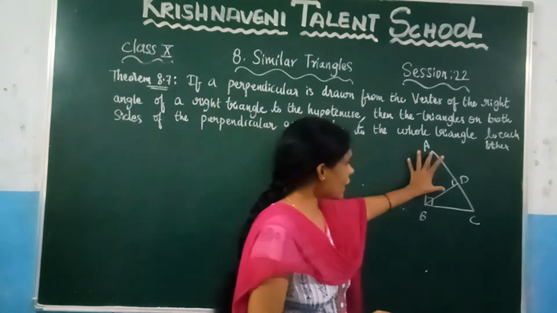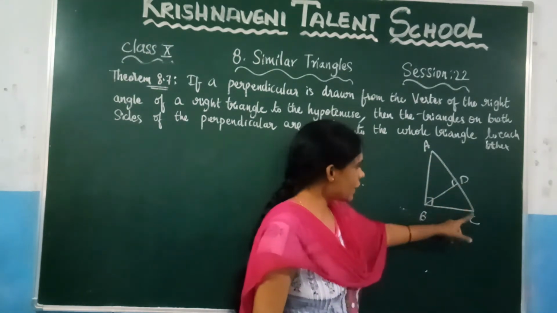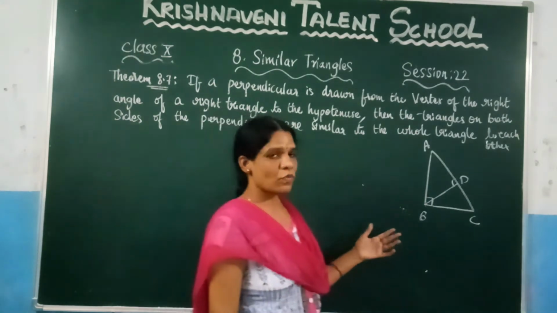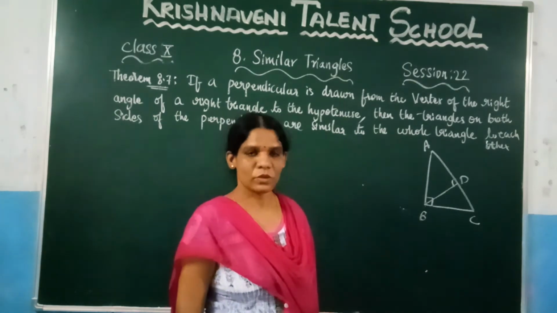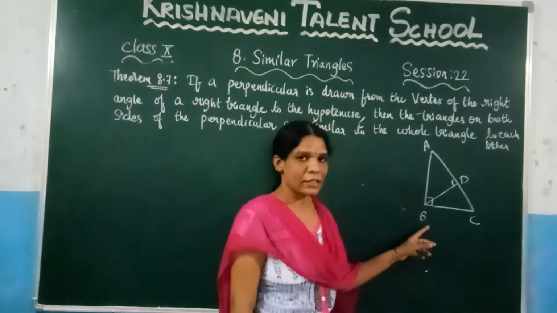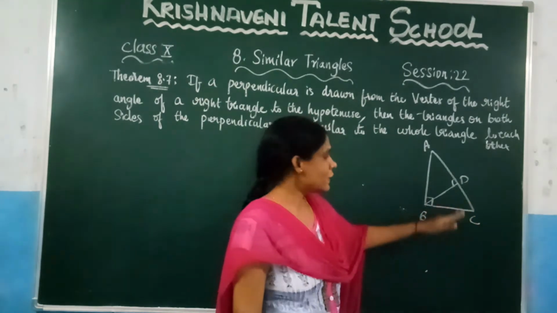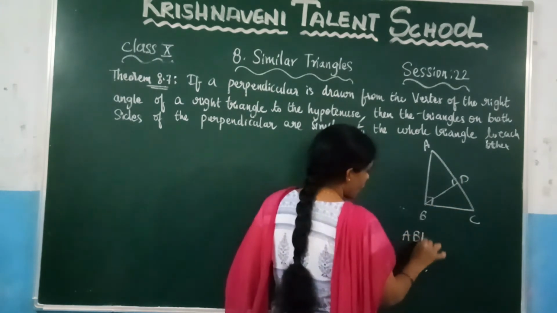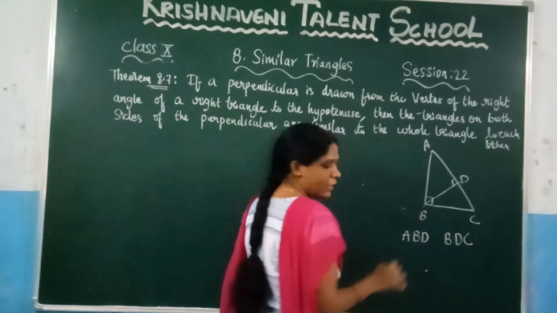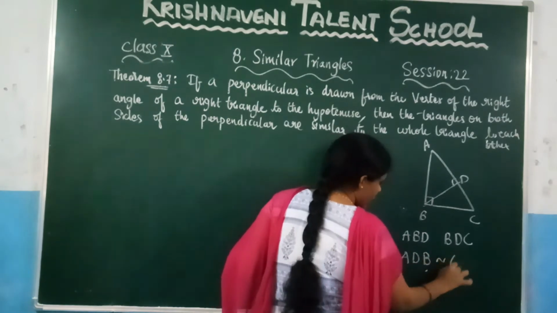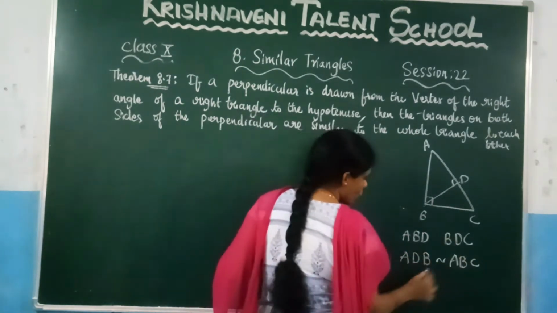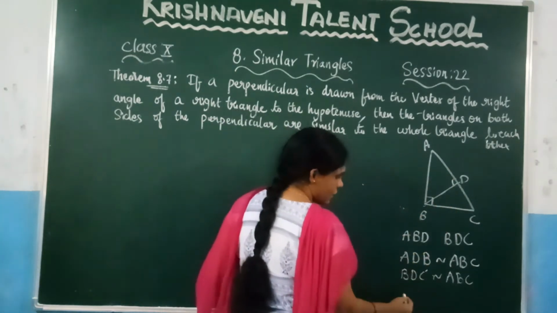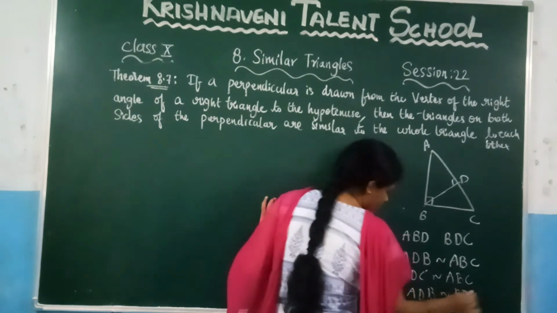And what they are saying here, this triangle is similar to that of the whole triangle, and again this triangle is similar to BDC. This is what we need to prove.